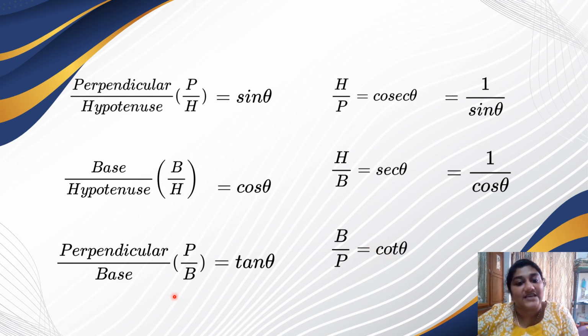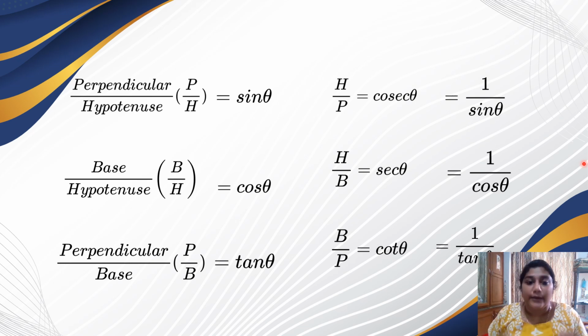Here cot theta is the reciprocal of tan theta, so we can write it as 1 by tan theta. So these are the important trigonometric ratios: sin theta, cos theta, tan theta, cosec theta, sec theta and cot theta.